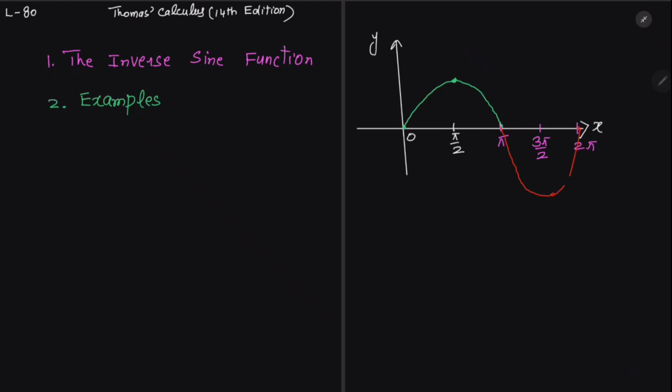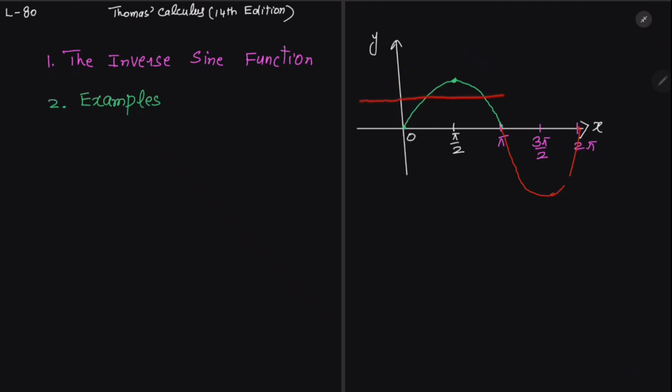We know that in order to find an inverse function, we should check whether that function is 1 to 1 or not. So for 1 to 1, we have a horizontal line test.